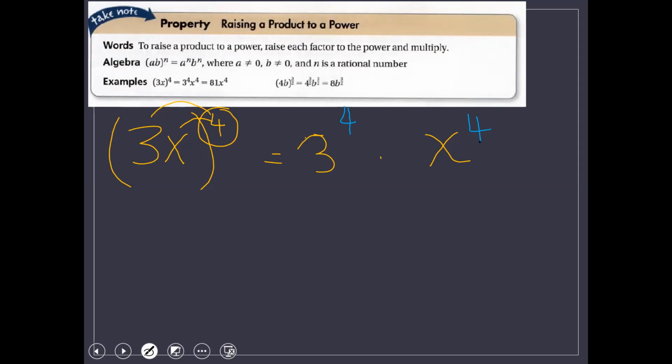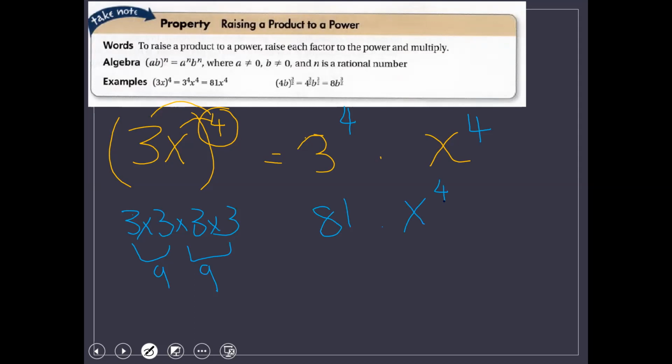Then after that, what can we do? 3 to the power 4, 3 raised to 4, means that you have to multiply 3 four times. 3 times 3 times 3 times 3 is 9 times 9, so it is 81 x to the power 4.